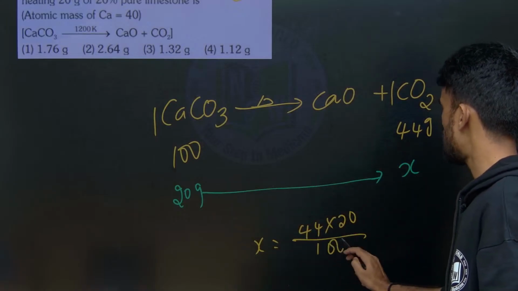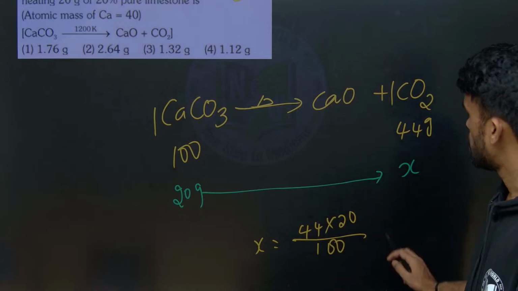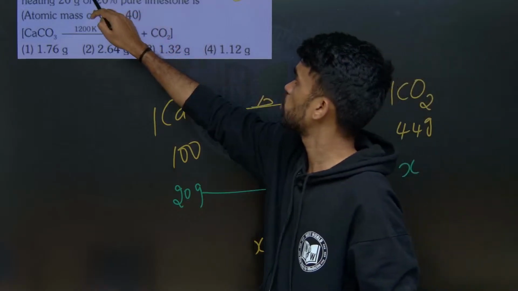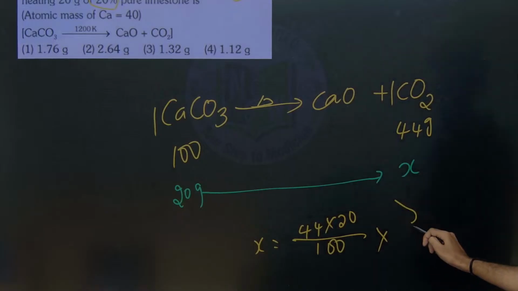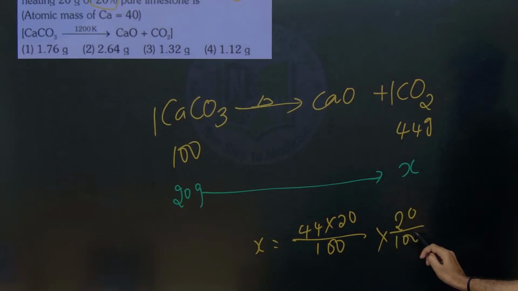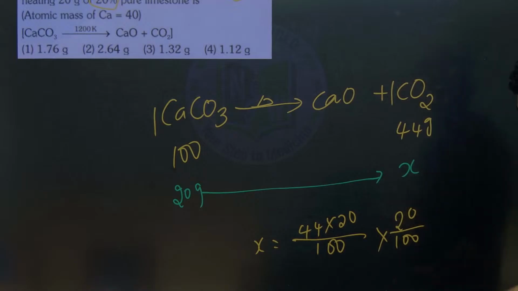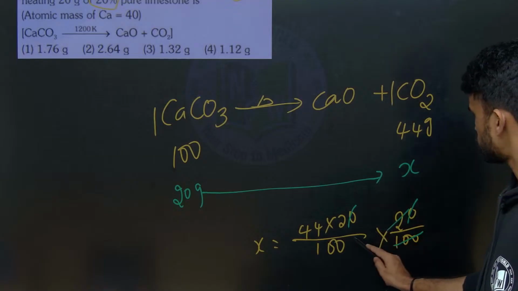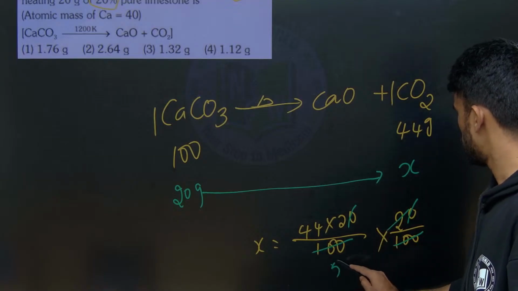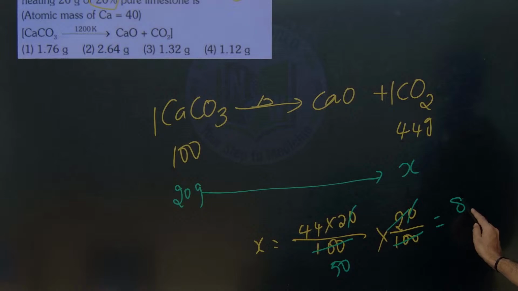This is the scenario when it is 100% pure, but they told 20% pure, so we should take 20% like this. Then next this will be 50. We have 88 by 50, so I am writing 8.8 by 5.